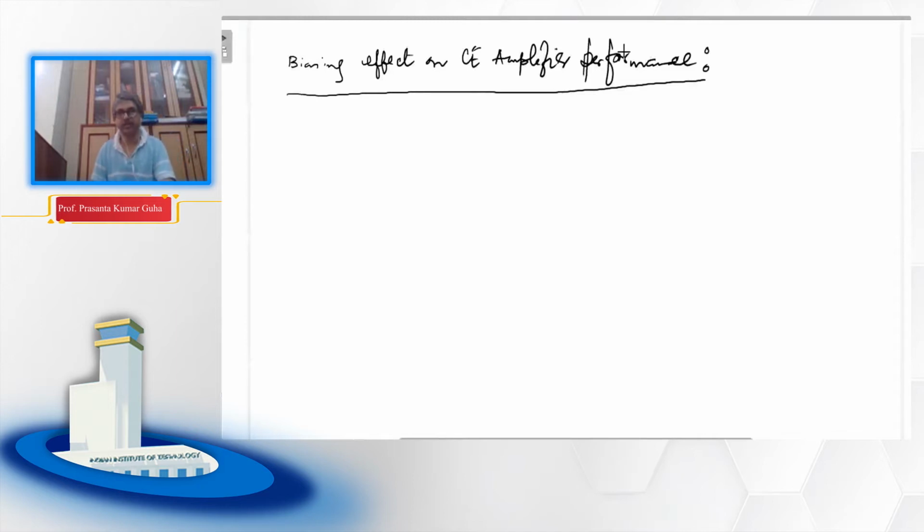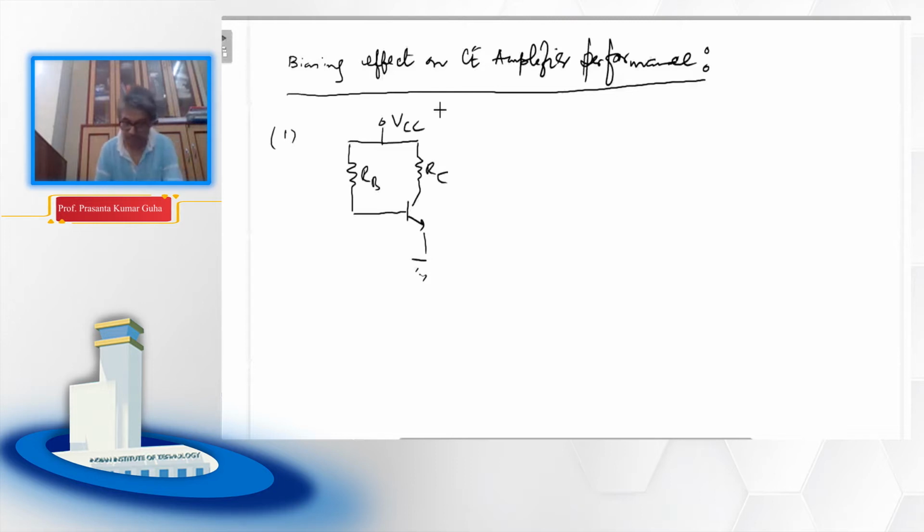So biasing effect on CE amplifier performance, in that we have seen one case which is basically single resistor biasing, so there is an input AC signal which we want to amplify.